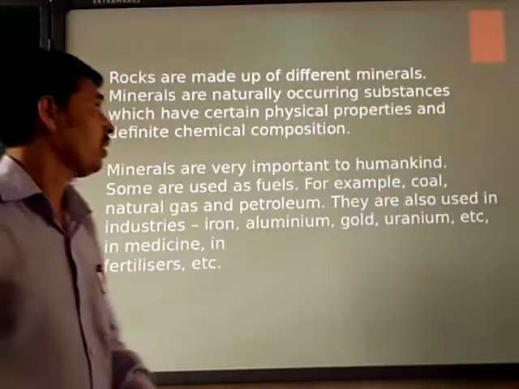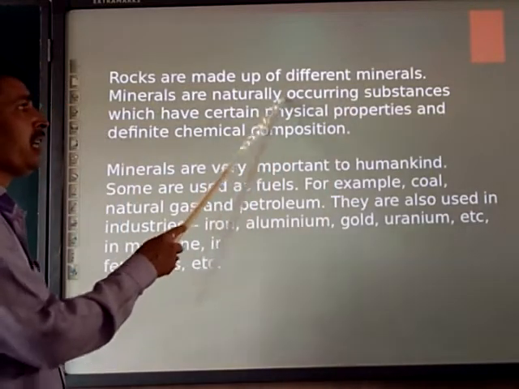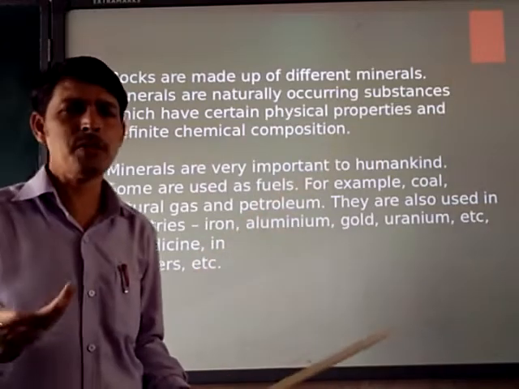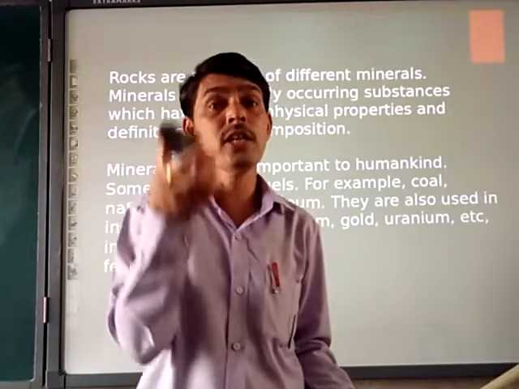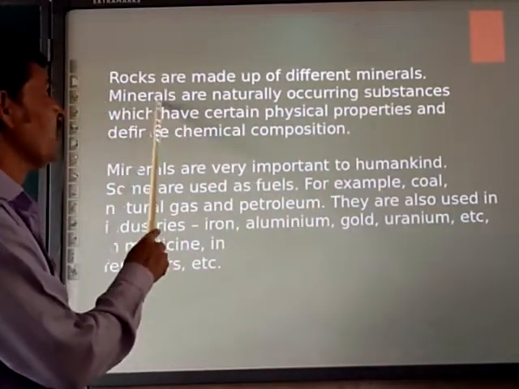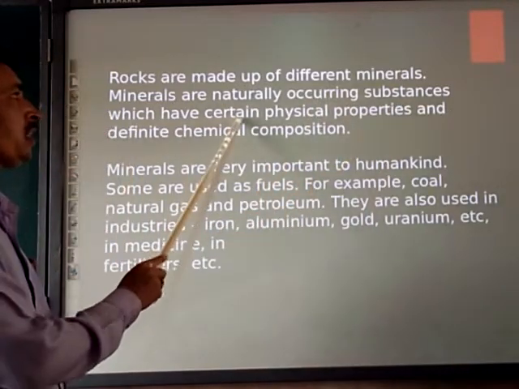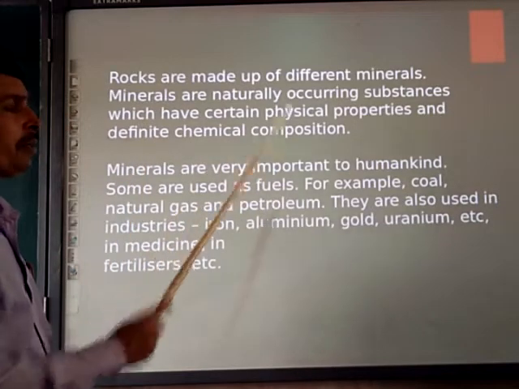Next, rocks are made up of different minerals, and minerals are naturally occurring substances. So rocks are made up of different types of minerals. This is one rock, and it is made up of different minerals. Those minerals also have great use in our daily life. Minerals are naturally occurring substances which have certain physical properties and definite chemical composition.